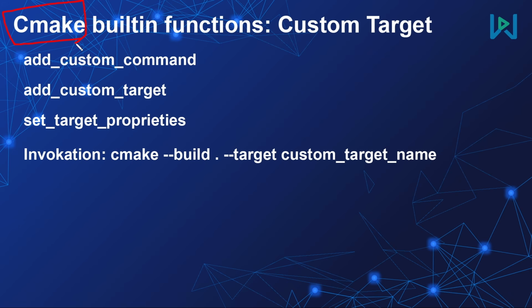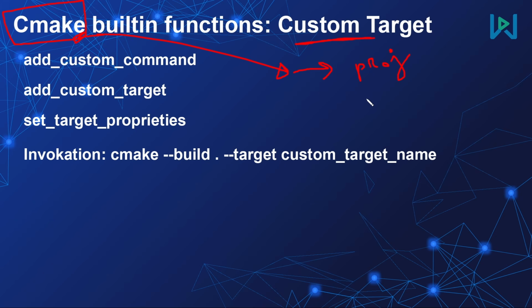In the CMake build system, we will have in general a default build target, and this default build target will be matching and corresponding to our project or binary output. Nevertheless, we can add as well some custom target or custom build target to our CMake project.